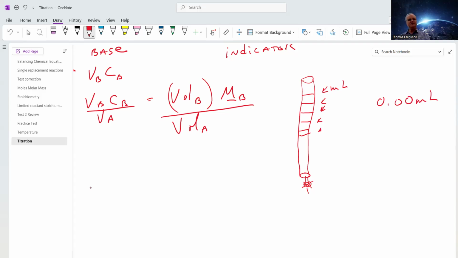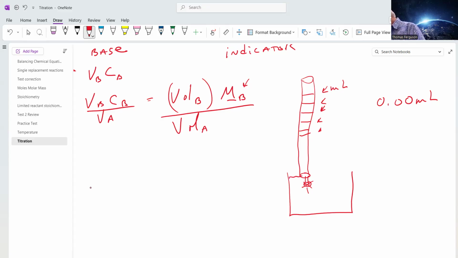I read out to 2 decimal places, milliliter-wise. That would be how we measure the volume of the base. And we also need the concentration of the base, and that is given to you. In our case, in lab 15, we're going to actually calculate it, but normally they give you the concentration of the base.